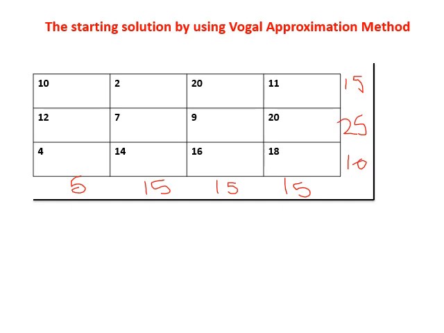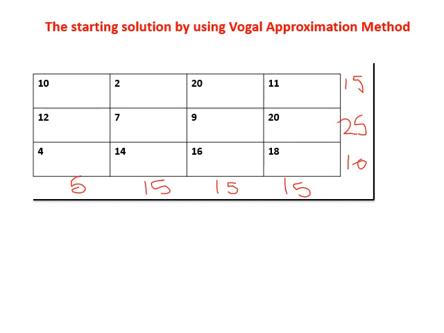Now we will start by using the Vogel approximation method. Vogel approximation is the nearest method to the least cost method, where we depend on the least cost, but in the least cost method we choose any one cell at random that has the least cost only.